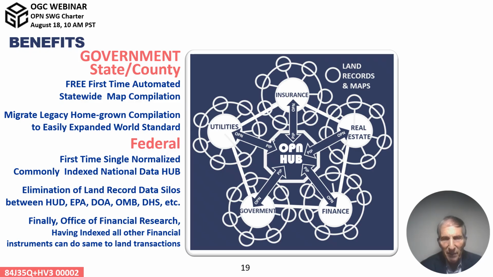Greatest benefit to the federal government is elimination of land record data silos between HUD, EPA, DOA, OMB, DHS, etc. And finally, the Office of Financial Research, having indexed all other financial instruments, can do the same for land record transactions.